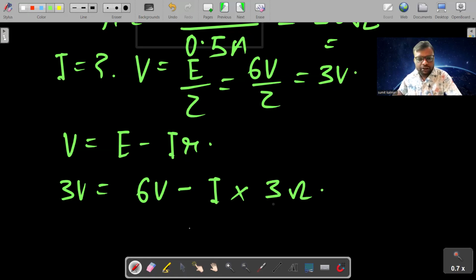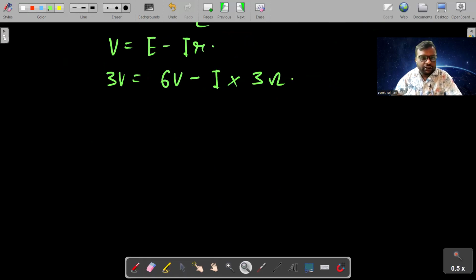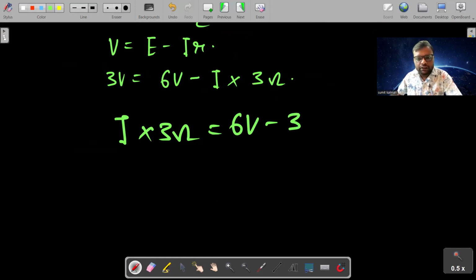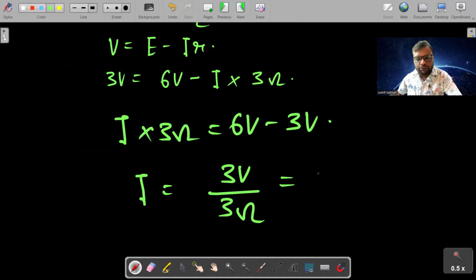So here, if you will simplify this, it will come I into 3 ohm, which is equal to 6 volt minus 3 volt. So current is equal to 3 volt upon 3 ohm, it will be equal to how much? 1 amp. So your current is 1 amp. So this is the correct answer of this problem.